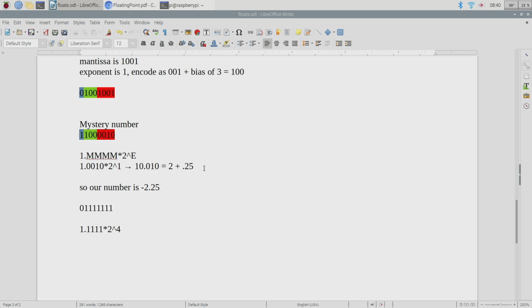All right, so what does the 4 do? Okay, so the exponent here, how many positions do I move my radix? 4 to the right, and that gets me what? 1, 1, 1, 1, 1 point 0, right?